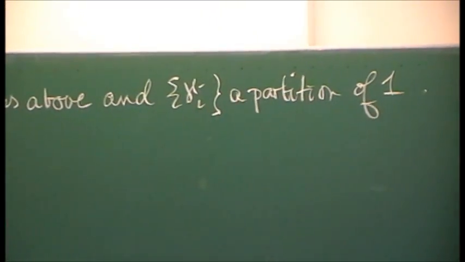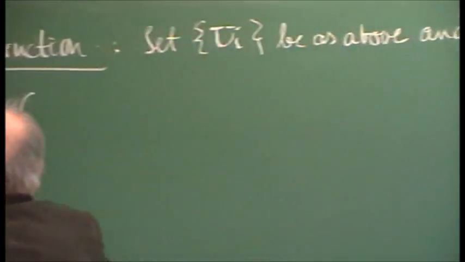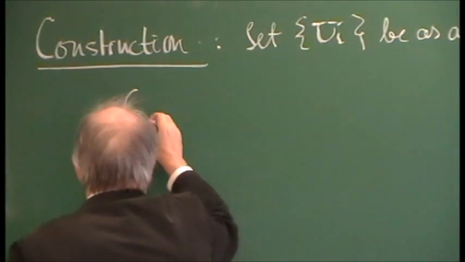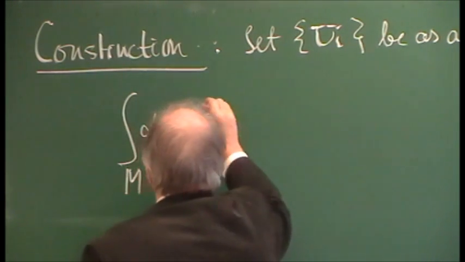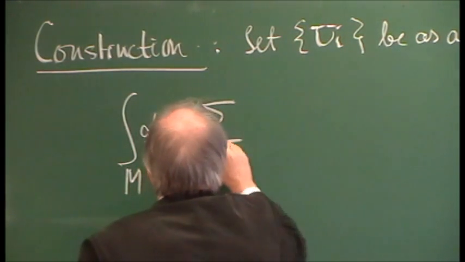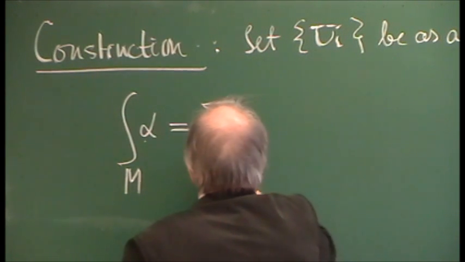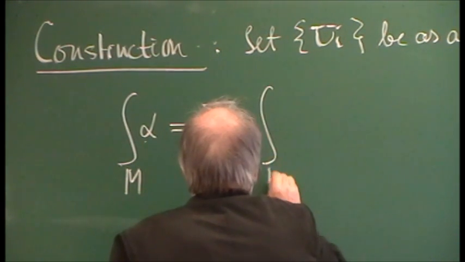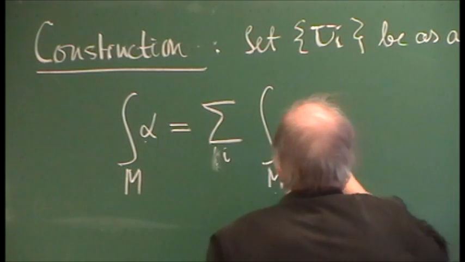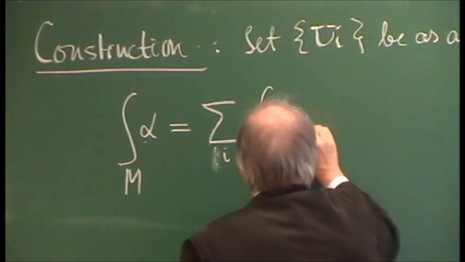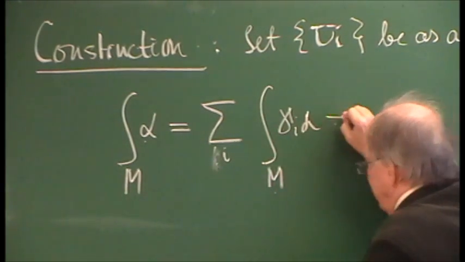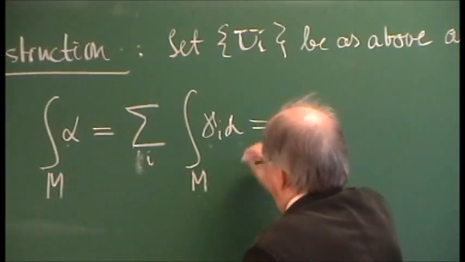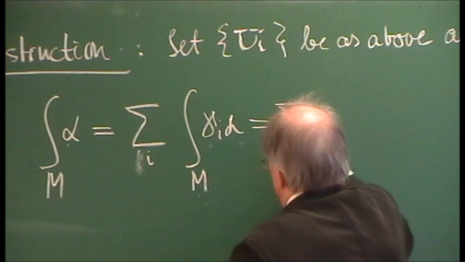Okay. Then the integral over m of alpha equals the sum of the integrals over m of gamma I alpha, and the integral over m of gamma I alpha I is the same thing.